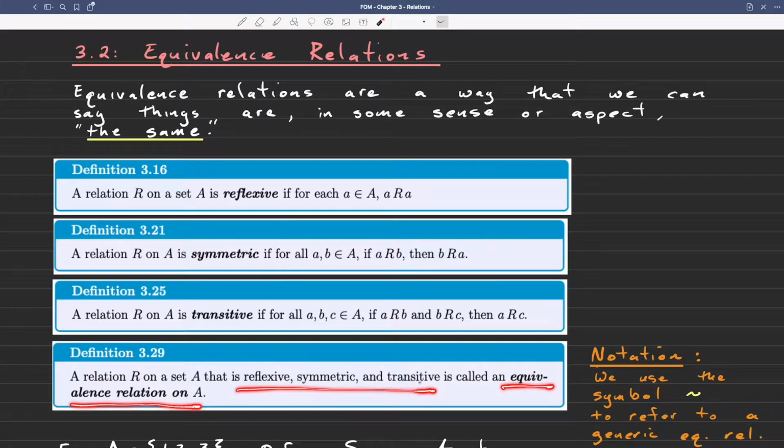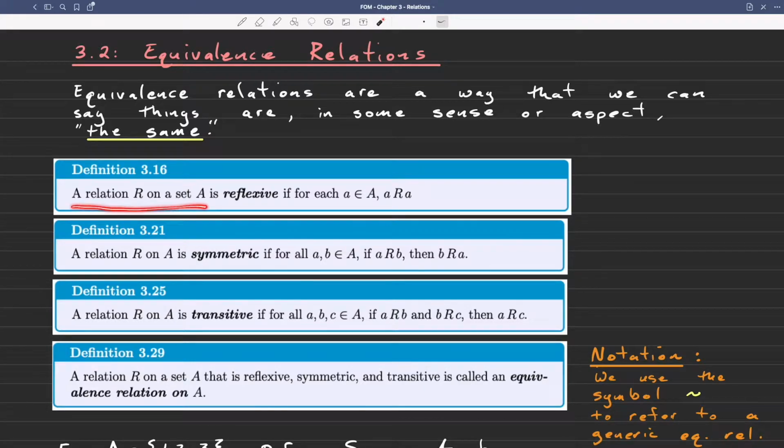So when we're doing equivalence relations, our equivalence relation is on a set A. For this section, we're not doing relations from one set to a different set. We're only doing relations from a set to that very same set. So if the name of the set is A, we're talking about relations on a set A.